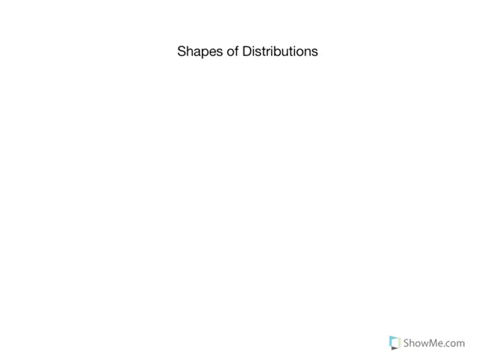Okay, welcome back. We're going to talk a little bit about what we call shapes of distributions. In particular, I'm going to give you a few really important terms to know. So let's set up some graphs.